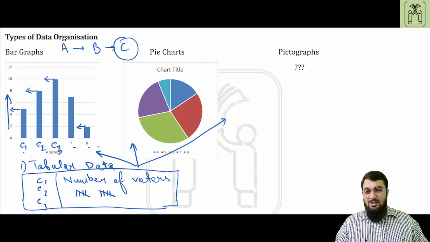The years can be written over here. For example, I can mention 2001, 2002, 3, 4, and 5. And how many were sold can be represented on the y-axis. So here it will represent 5 lakhs, here 8 lakhs, and here 10 lakhs.